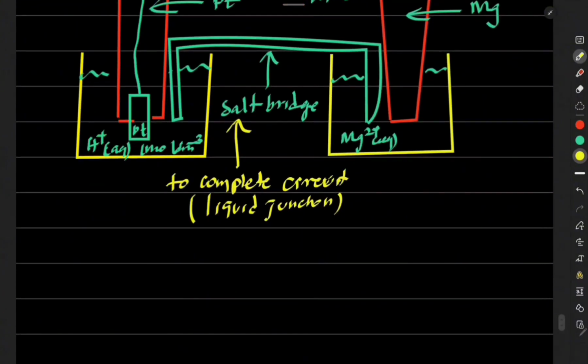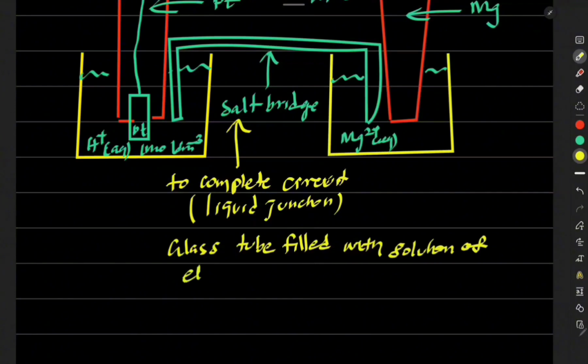And also the salt bridge is just a glass tube filled with a solution of an electrolyte, such as potassium nitrate.